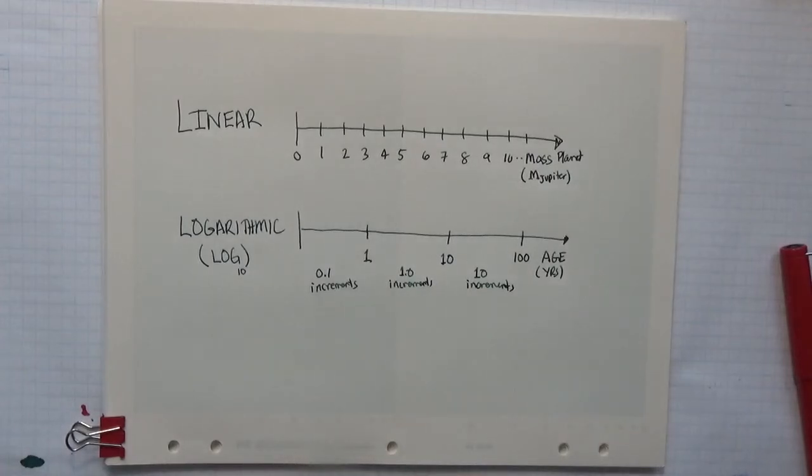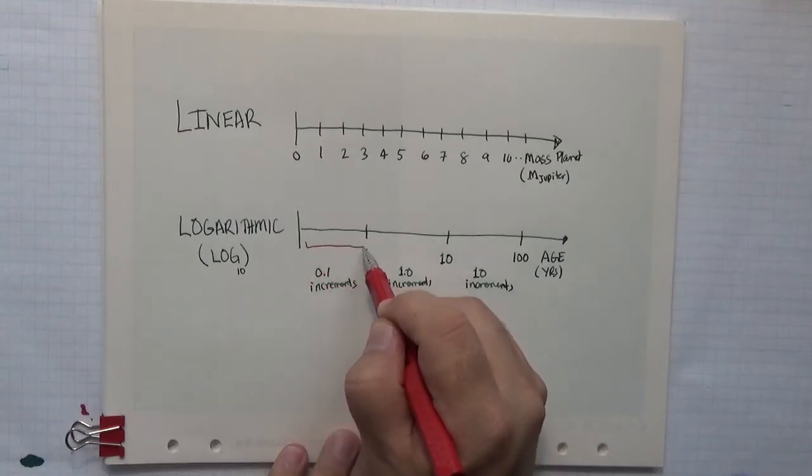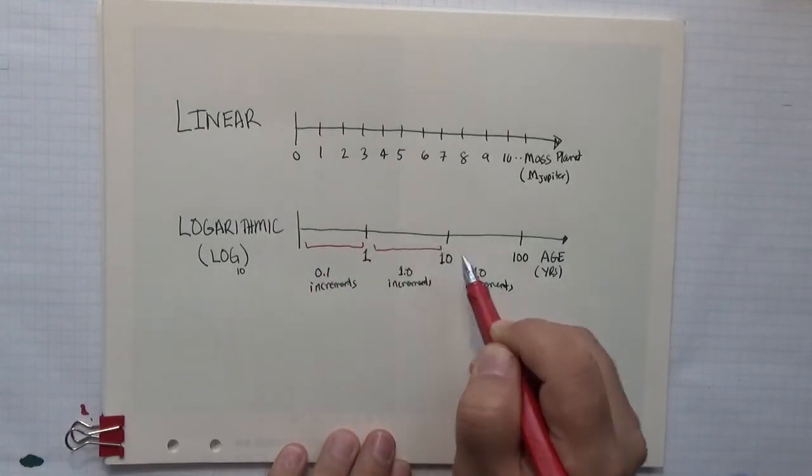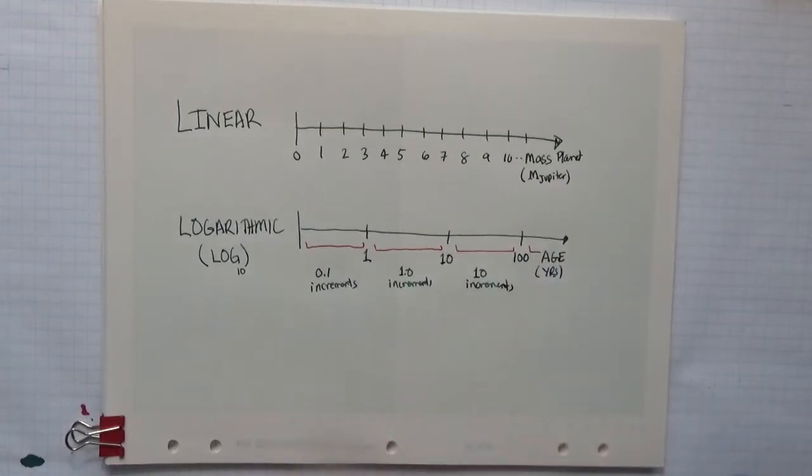Okay, so each of these gaps here where you're counting in a different size increment is usually what we call a decade. Okay, and so what you see here is a way to represent data that has wildly varying values across all the data that you have.